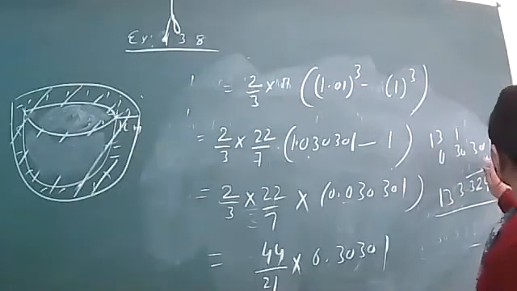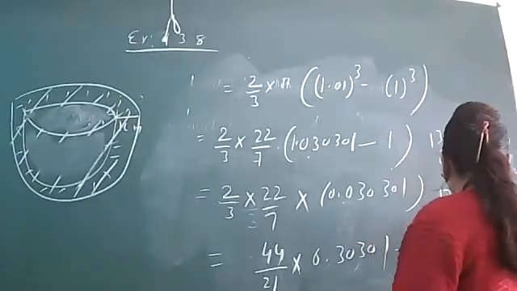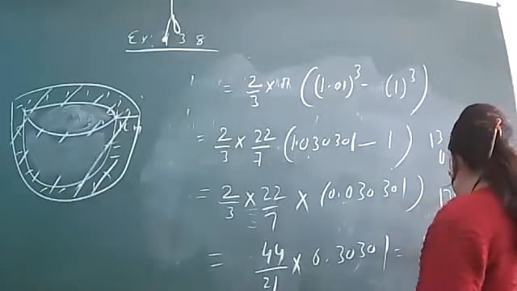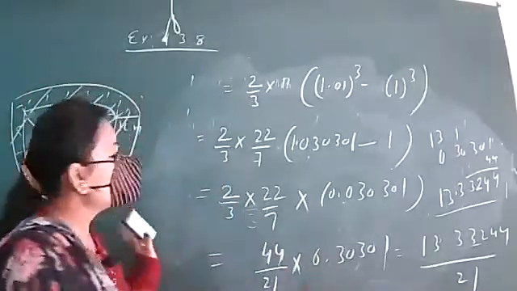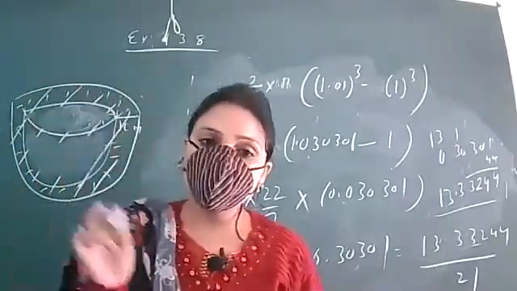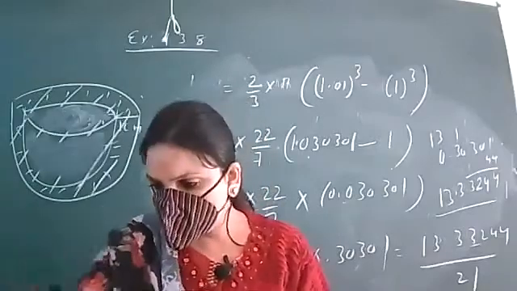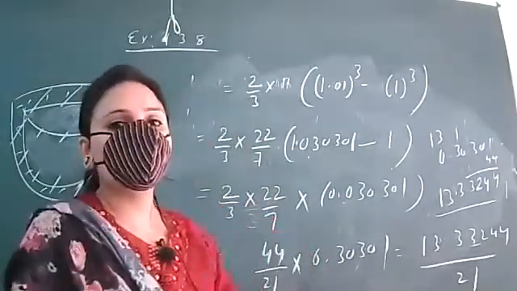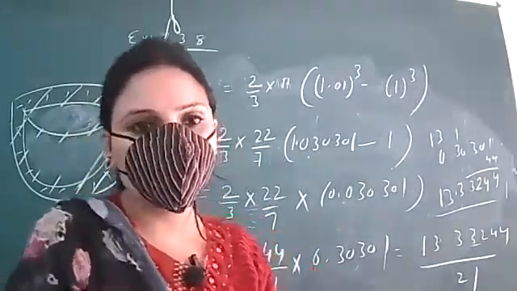This will be 13.33244 divided by 21. Divided by 21, you will get the value of the iron that has been used to make this hemispherical tank. So divide it yourself, and you will get the answer for the iron that has been used to make the hemispherical tank.